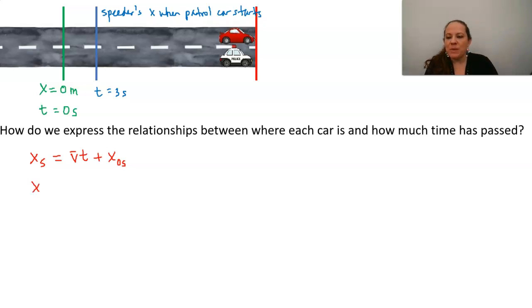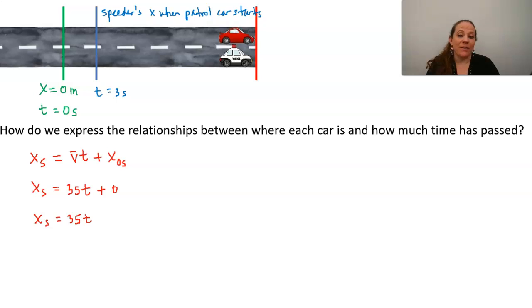And our speeder had a velocity of 35 meters per second, and they started at 0 meters. So we can finalize this: the position of the speeder will be equal to 35 times t.